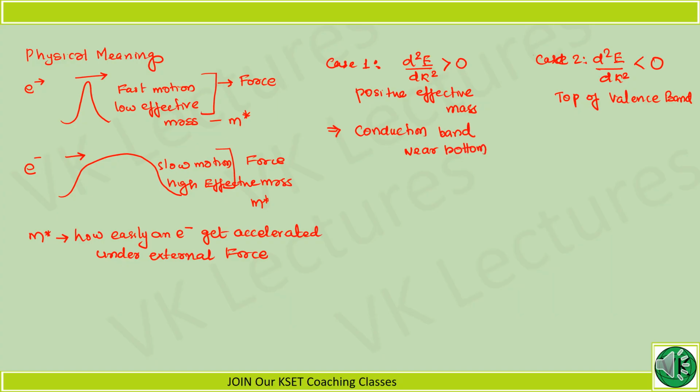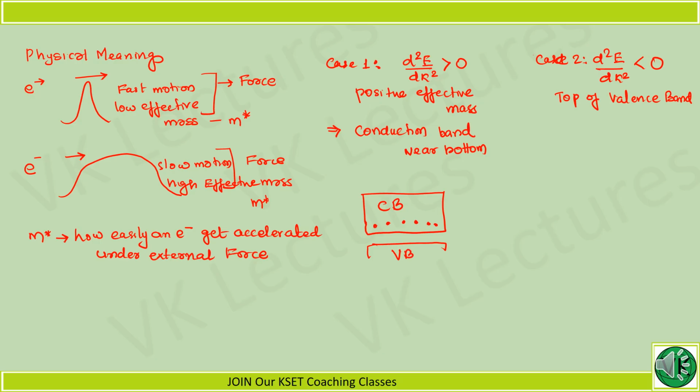If you take the conduction band, the electrons will be present here, and below it you have the valence band. This is the conduction band, this is the valence band.